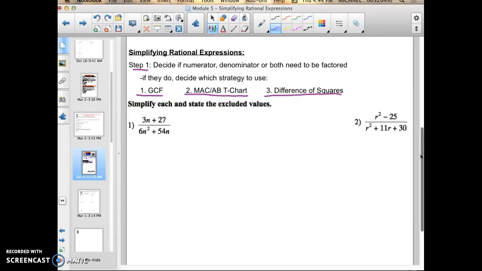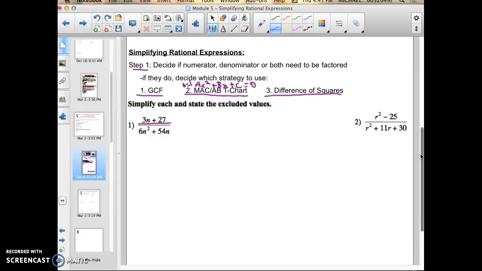So I need to look at the numerator first in number 1. And if I analyze the numerator, I know that a MACAB T-chart has to be ax squared plus bx plus c. It needs all three of those terms, and a has to equal 1. In this case, the numerator right here doesn't fit that criteria, so I can't factor it with MACAB T-chart.